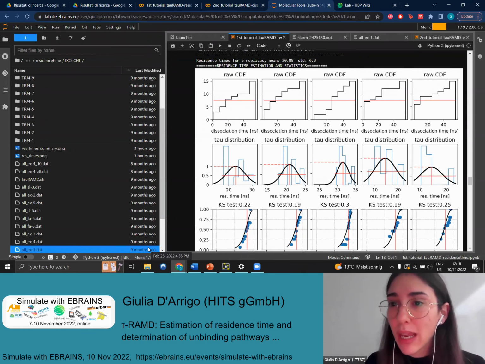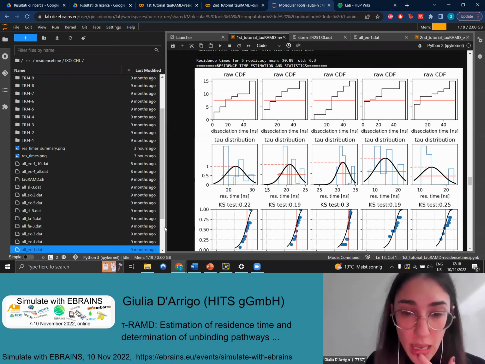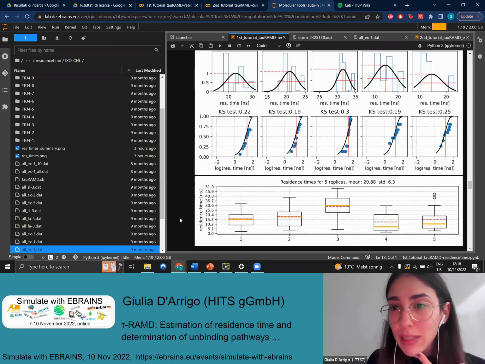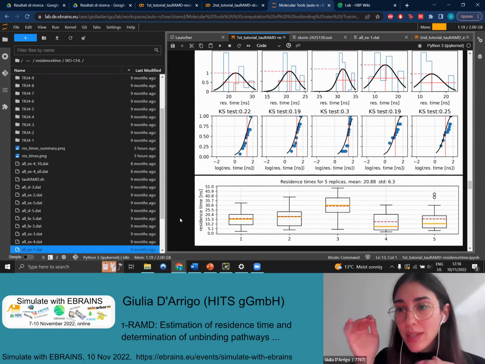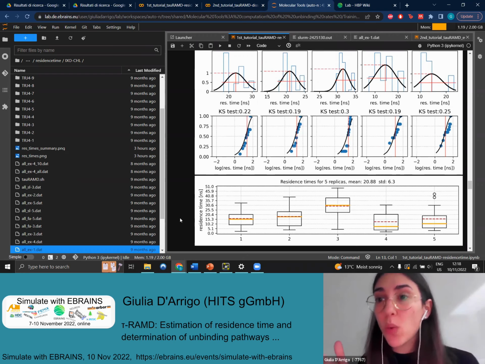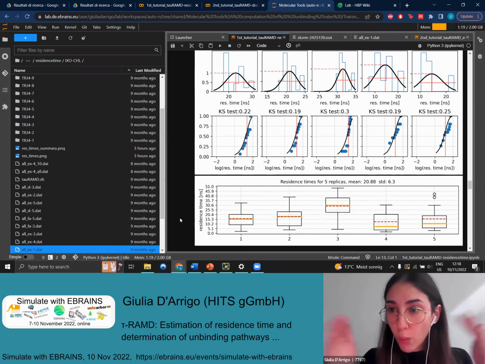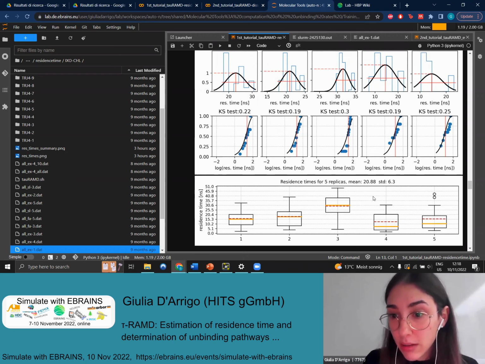If this is the case, then we can assume that we have performed a good sampling of our replicas. After we have computed the mean residence time for each replica, we can compute the overall mean for all the replicas, which gives us the final residence time, here indicated as 20.88 nanoseconds with its standard deviation.